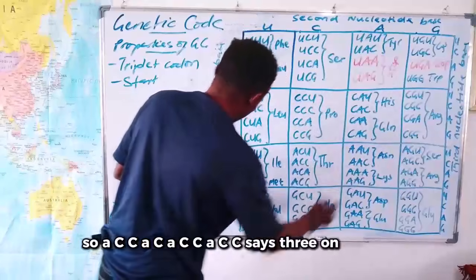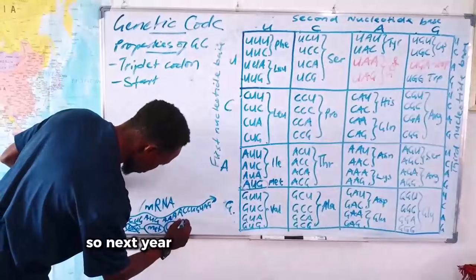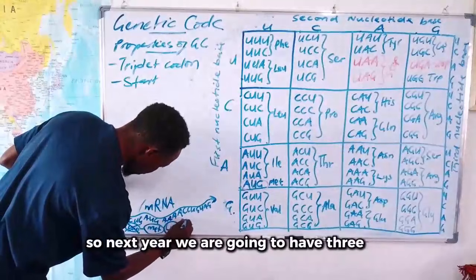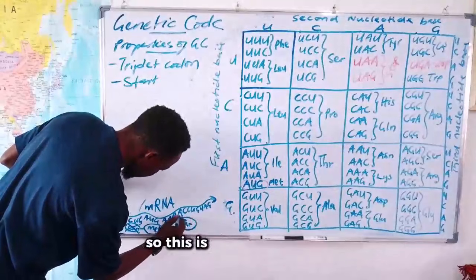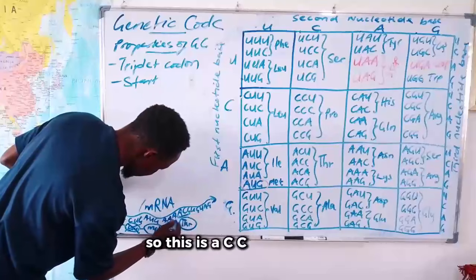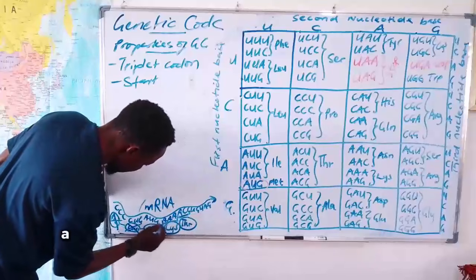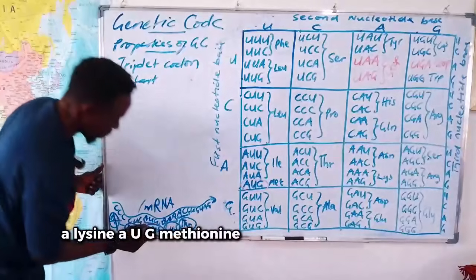ACC says threonine. All right, so next here we are going to have threonine. So this is ACC, threonine, AAA, lysine, AUG, methionine.